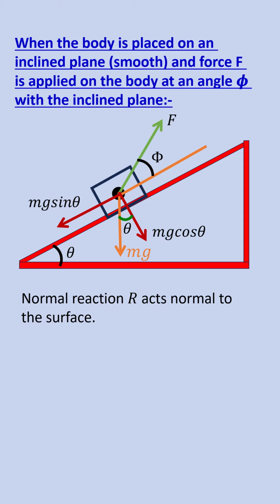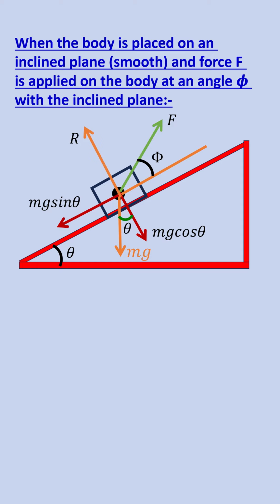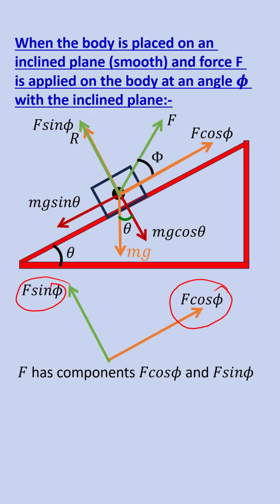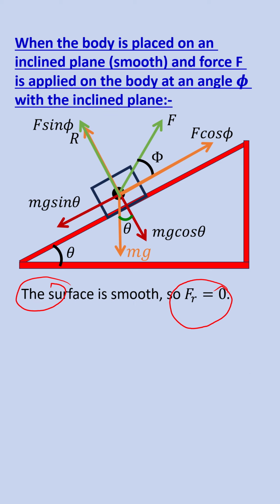Normal reaction acts normal to the surface. Now F has components F cos phi and F sin phi. This acts along the x-axis and this acts along the y-axis. Now the surface is smooth, that's why we take frictional force as 0.